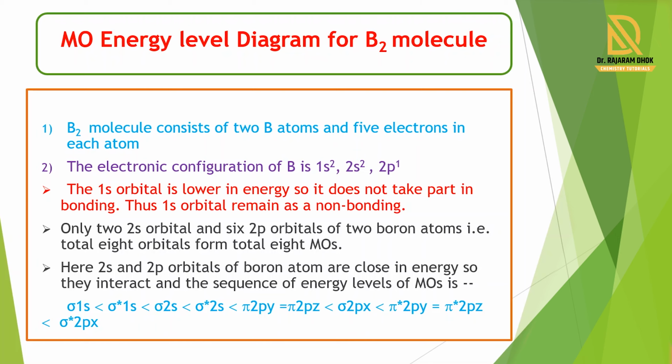This sequence is shown in increasing order: sigma 1s, sigma star 1s, sigma 2s, sigma star 2s, pi 2py equal to pi 2pz, sigma 2px, pi star 2py equal to pi star 2pz, and then the highest energy is sigma star 2px.